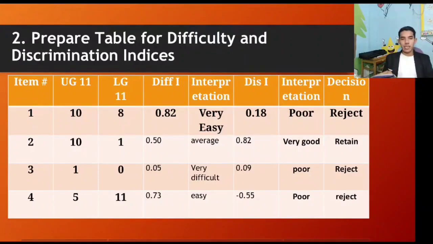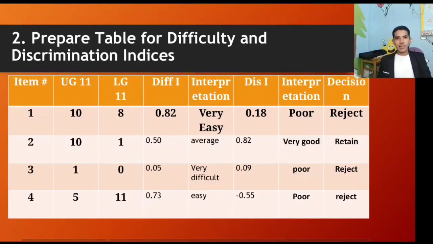So the answer is 0.18, rounded off, and its interpretation is poor. Why poor? Because in our interpretation matrix, an index below 0.20 is poor. And if it's very easy and has the combination of poor, then your decision is reject. You have to reject the item.